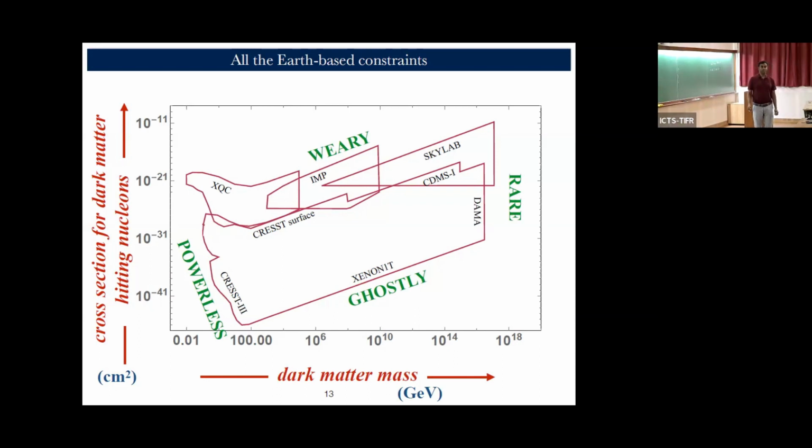If I go in the western direction, why can't I go to arbitrarily small masses? Because there, my dark matter streaming in is now so light that it wouldn't transfer enough energy to my target nucleus to trigger the detector. Okay, so in other words, if my dark matter particle is lighter than about a nuclear mass, my dark matter behaves more like a bug hitting a truck as opposed to a truck hitting a bug, right?